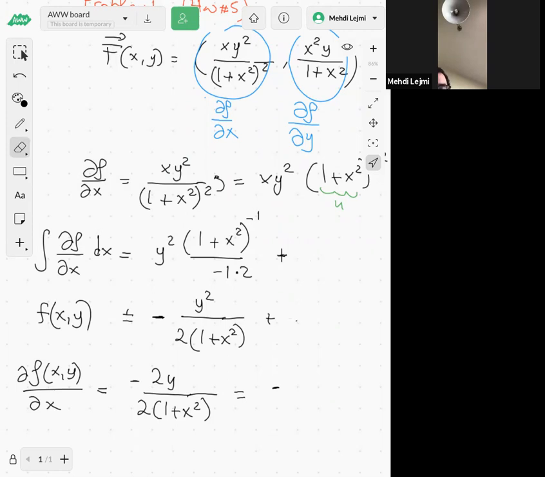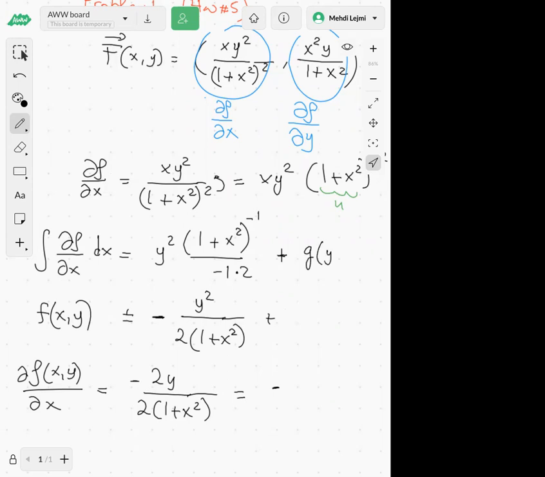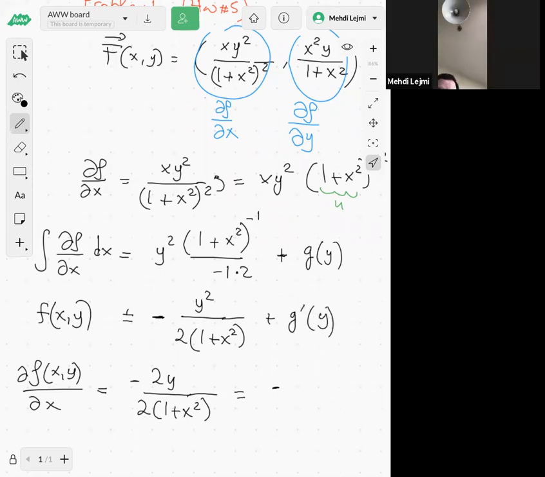It's plus a function of y, a g of y. Because when you integrate with respect to x, the y is supposed to be constant, so the constant here is a function of y.